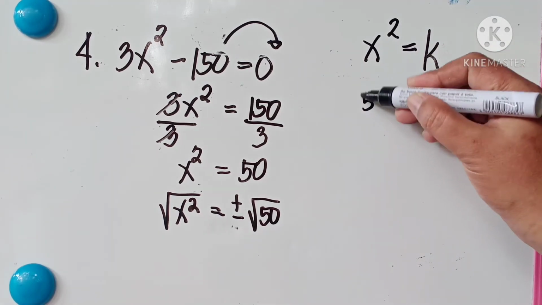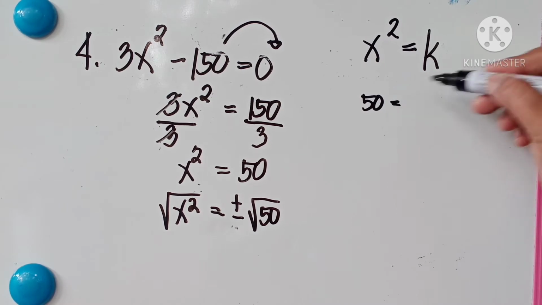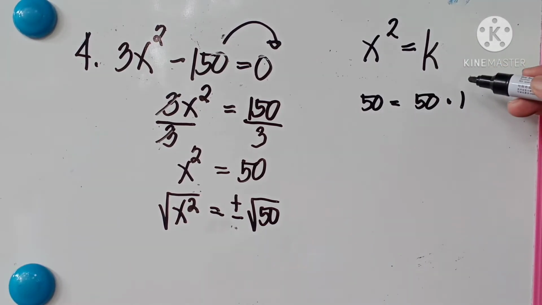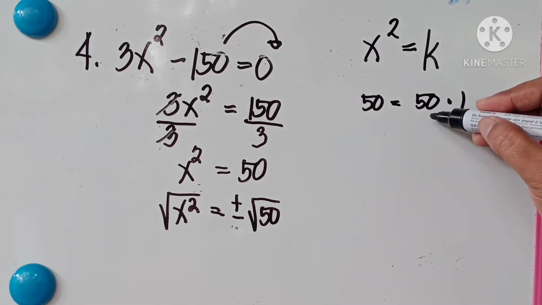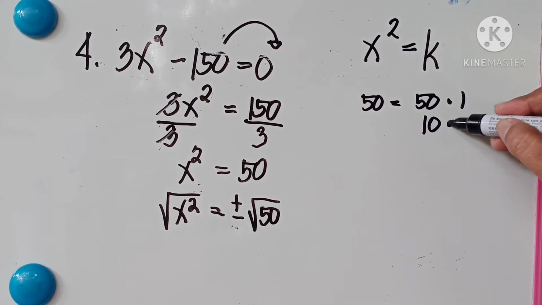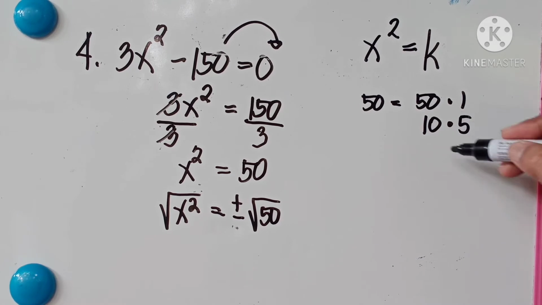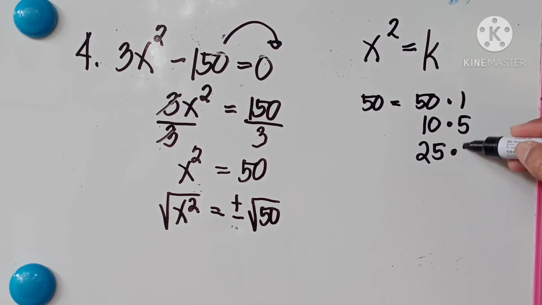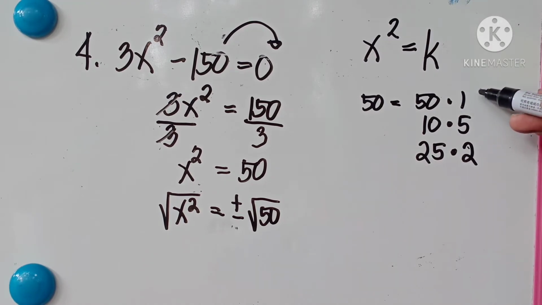So, ano ba yung mga factors ng 50? Siyempre, we have 50 and 1. What else? We have 10 multiplied by 5. Another is 25 multiplied by 2. So, alin sa tatlong ito ang may nakikita kayong perfect square?